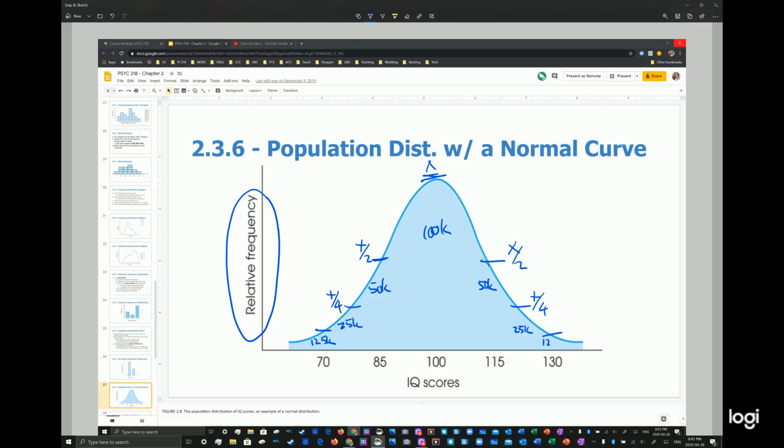So you will notice right away that this bell curve would have the most people in the middle, in the average.